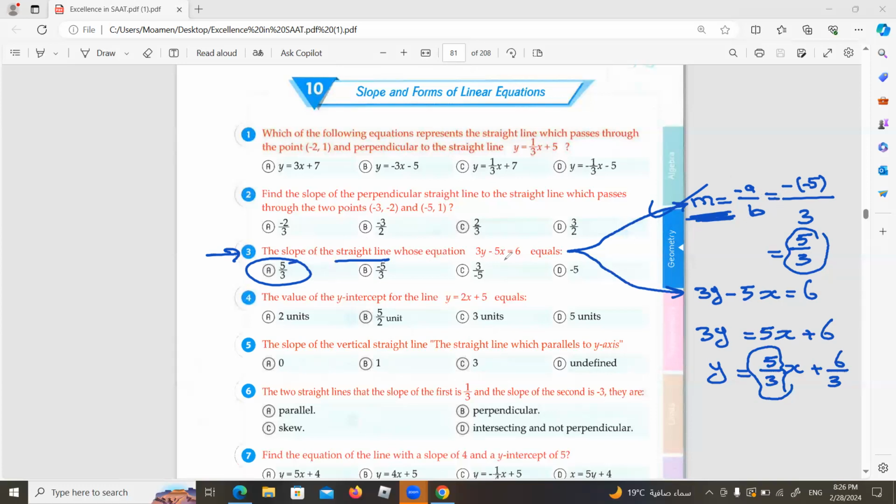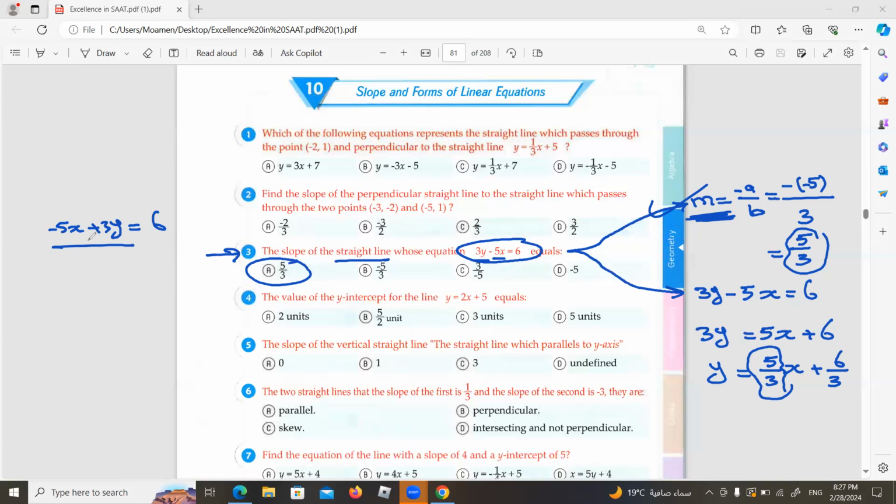Where is the coefficient of x? Mister, he started with y. No problem, start with y or start with x. I can write this equation in the form negative 5x plus 3y equals 6. This is the same equation, but he started with the positive value. No problem.